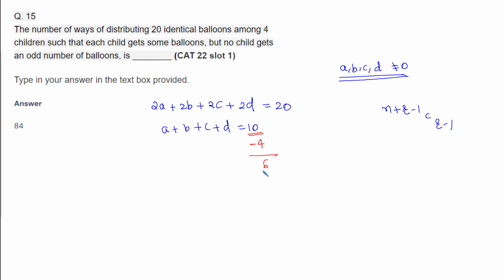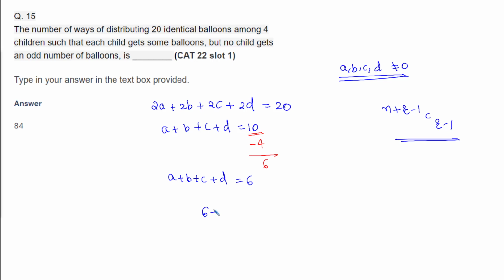That we can do in only one way because objects are identical. So now 1, 1, 1, 1 is already given to A, B, C, D. Now what do we need to do? We need to distribute 6 in between A, B, C, D. Now some of the variables can be 0. That is fine because they already got 1, 1, 1, 1. So now some of them are 0. That is completely fine. Now we can use this formula.